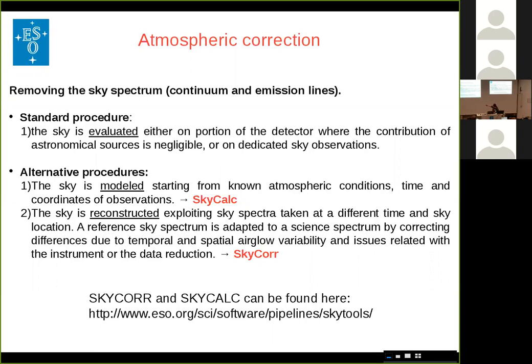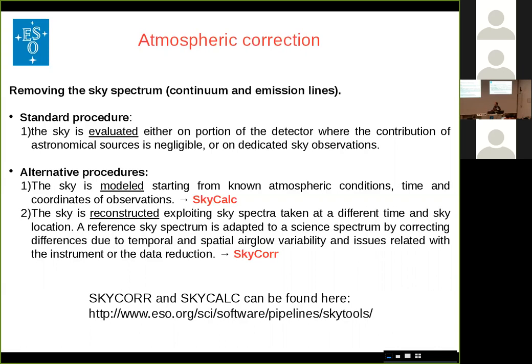Or you can use another software that reconstructs the sky contribution by exploiting the sky spectra that were taken during the lifetime of the instrument. This tool is called SkyCorr. And you can find SkyCorr and SkyCalc here at the software webpage of ESO.